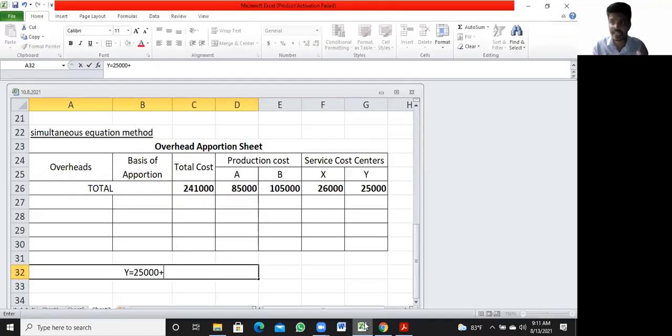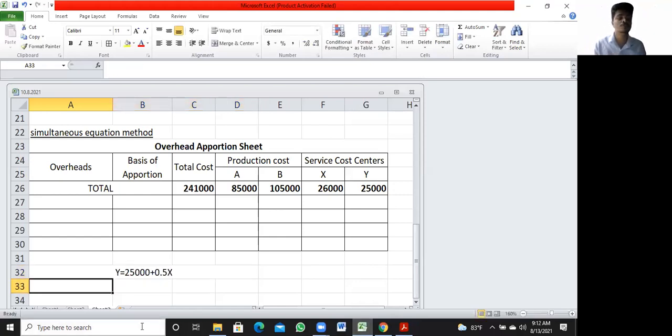Okay, now we can develop an equation. Total cost of Y equals 25,000 plus 0.5X. X in the sense cost belongs to service cost center X, the total cost collected in X.